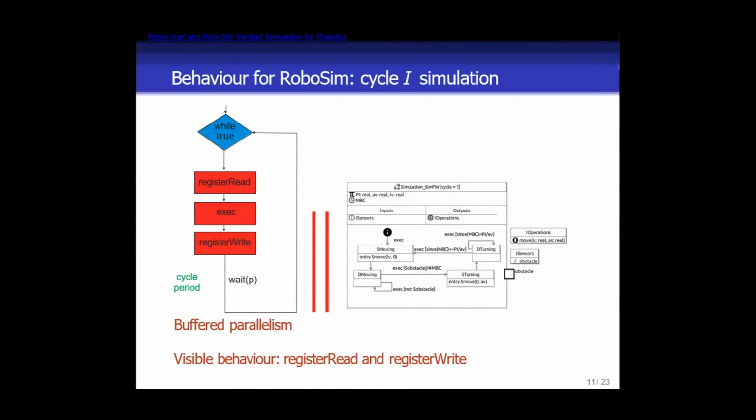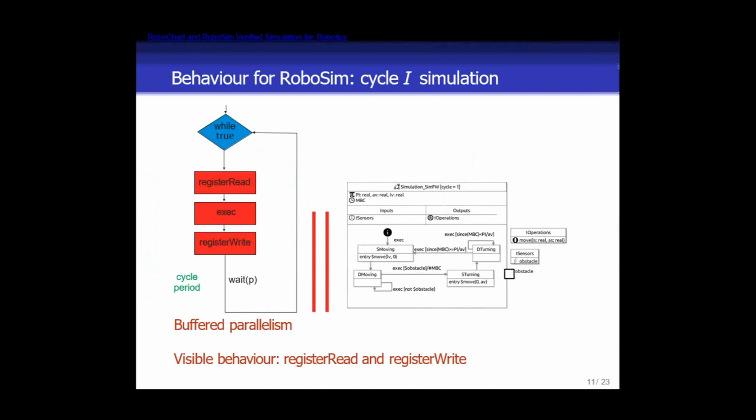On the right, there is a state machine describing the simulation. On the left, not very legible, I'm afraid, is the executive cycle I've been talking about. An infinite loop where in the first part, we collect information from registers, then we execute some actions and operations, and then we write back to the registers, and then there's a wait, and then we go back round again.